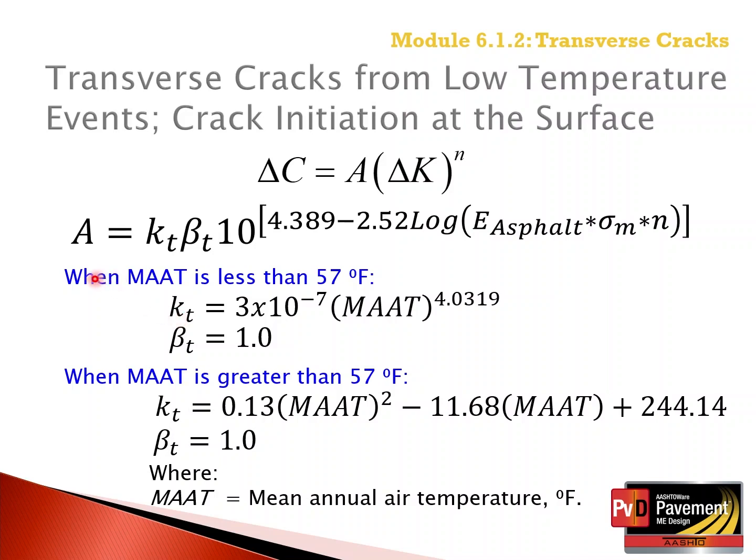So, as mean annual air temperature is below 57 degrees Fahrenheit, the occurrence of cold temperature events represents the predominant mechanism for transverse cracking. A mean annual air temperature above 57 degrees Fahrenheit is where shrinkage and or thermal fatigue play a larger role in the occurrence of transverse cracks.